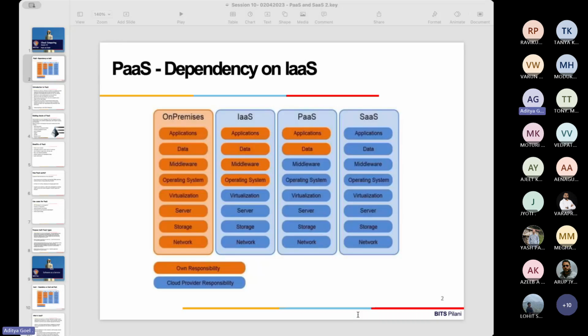Examples of platform as a service are, for example, have you ever heard about AWS Elastic Beanstalk? From Google, we have been hearing about Google App Engine. How many of you have worked on Google App Engine or AWS Beanstalk?